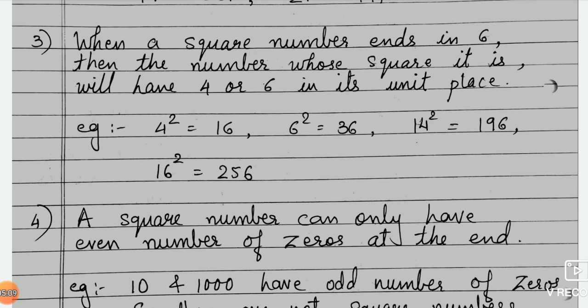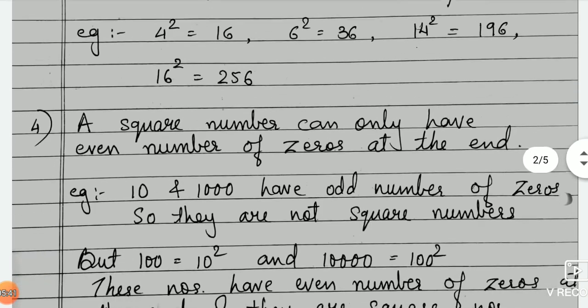So the ending digit in unit place will be 6. You can take any number with 4 or 6 in its unit place. The square of that number will always have 6 in its unit place. The examples you can see over here: 4 square equal to 16, 6 square 36, 14 square equal to 196, 16 square equal to 256.